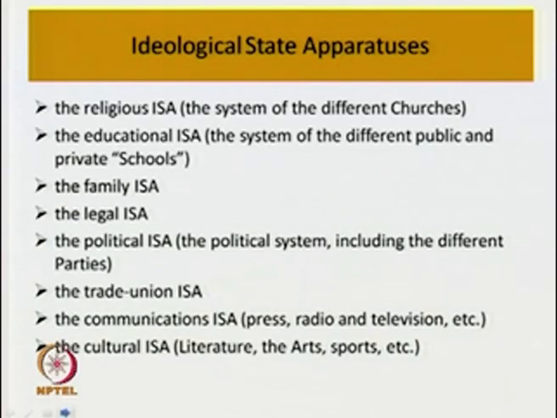Then the trade union, the communications, that is the press, radio, television, etc. Then the cultural systems like literature, arts, sports, all these are forms, if we unpack the term ideological state apparatuses. Now, if you simply look at the list, it's amazing how there's always already that, as Althusser says so beautifully, which is created for us.